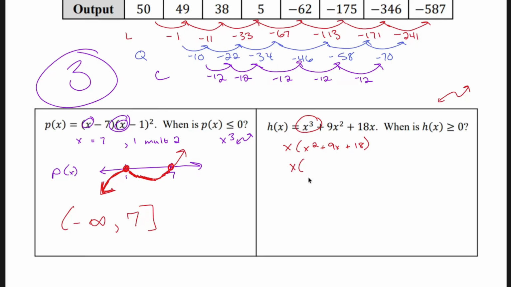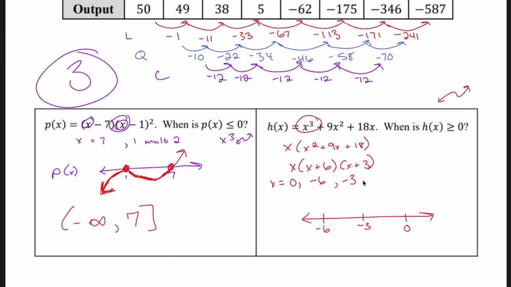If you multiply 6 and 3, you get 18. So this is plus 6, and this is plus 3. So my zeros are going to be 0, negative 6, and negative 3. Okay, no double multiplicities anywhere. So we care about magic happening at negative 6, magic happening at negative 3, and magic happening at 0.